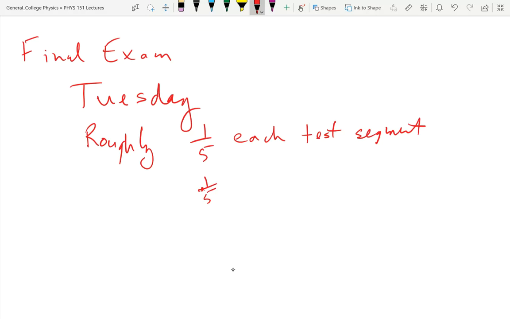And 1/5 is the new material, oscillations and waves. So definitely one of the 3 synthesis questions will be from the new material, and then there'll be 2 other questions. You can do the math. It won't be able to take one from each test section, but it'll be the same design.